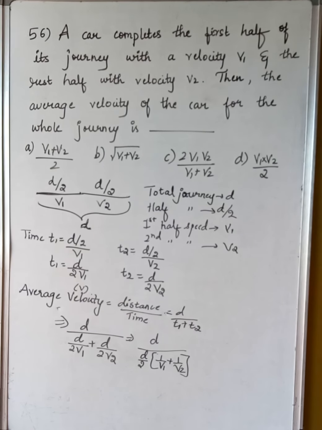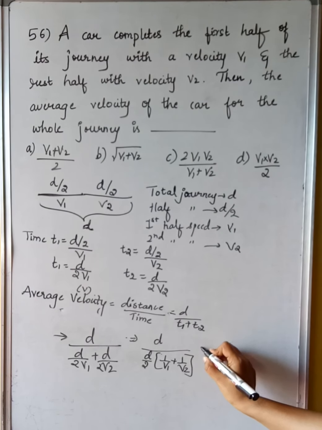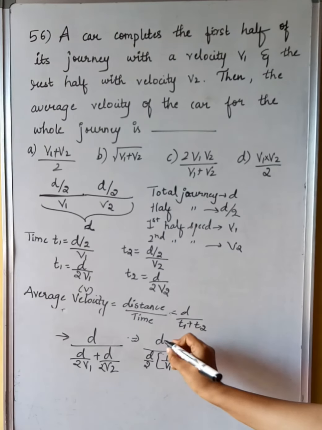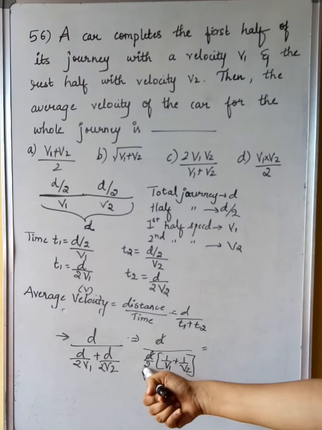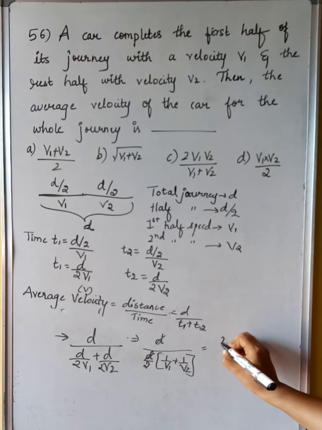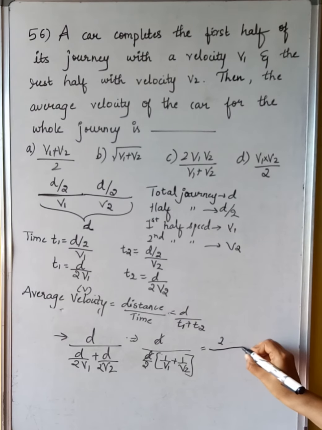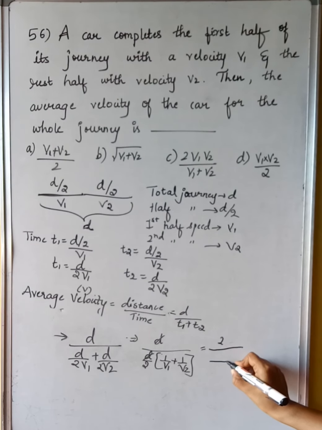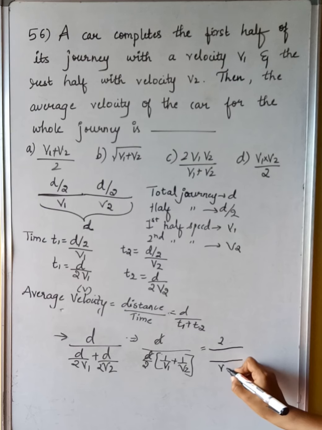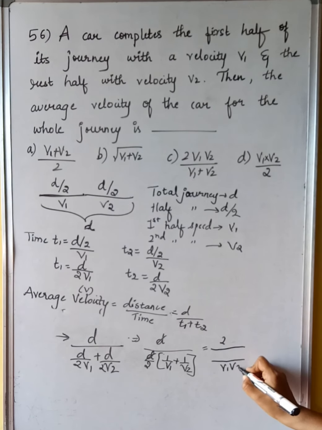Okay, students. So the next simplification is that D and D will get cancelled. This 2, when it is in the denominator, I'll take to the numerator, whole divided by, here if I take LCM, V1 into V2.